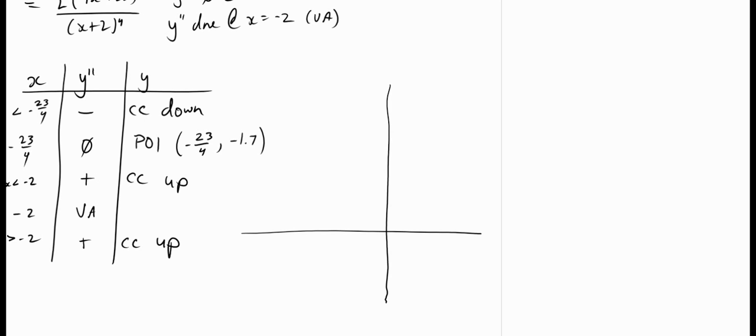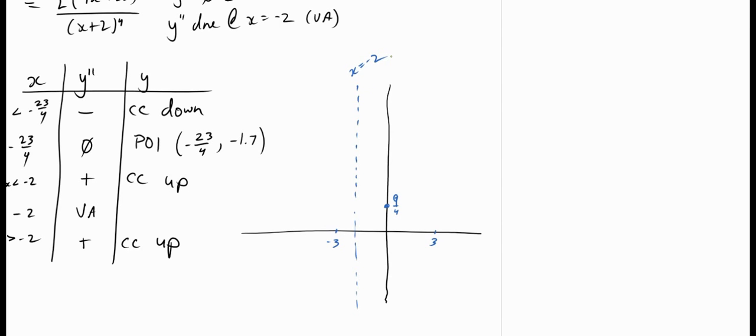So scrolling back up, I'm going to look at my page here. Where were our intercepts? We had a Y-intercept at 9 over 4. We have X-intercepts at plus and minus 3. I have an asymptote at x equals negative 2.